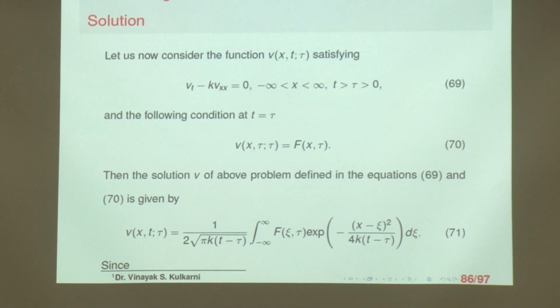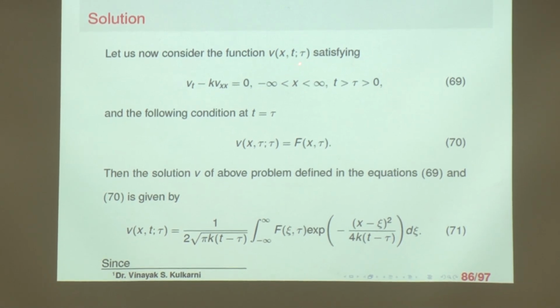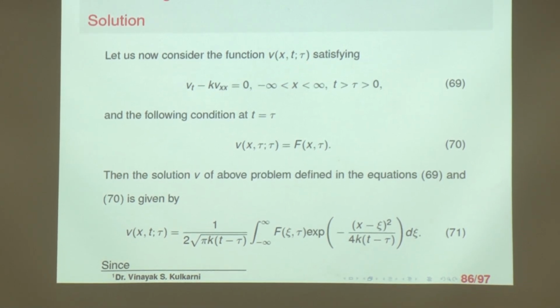So for that purpose, I will design a parallel problem. Parallel in the sense that here V is a function of x and t, earlier it was also a function of x and t. Here I will define this particular problem in the neighborhood of tau, or otherwise you can say t tends to tau. Okay, so how is this problem designed?